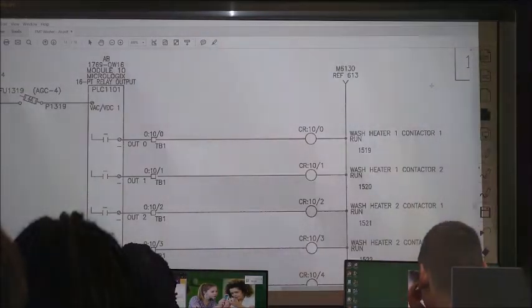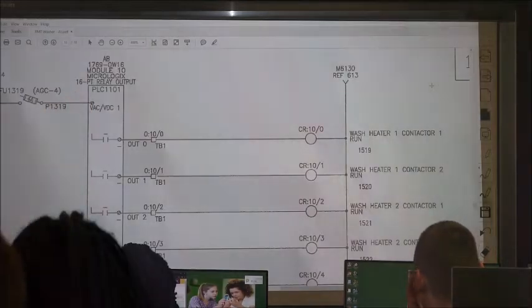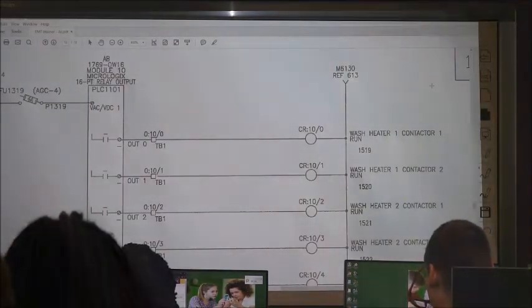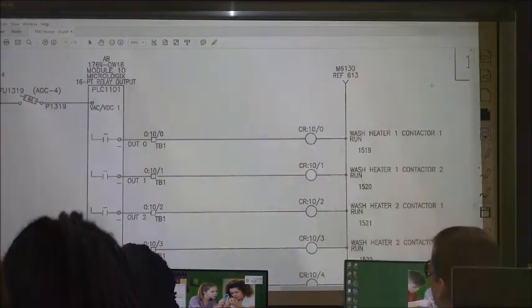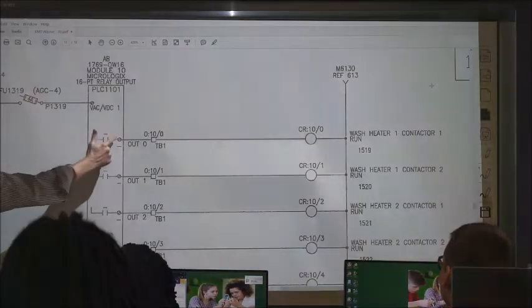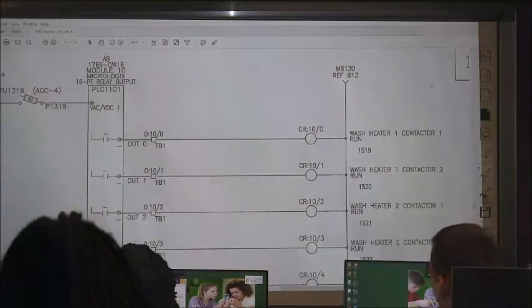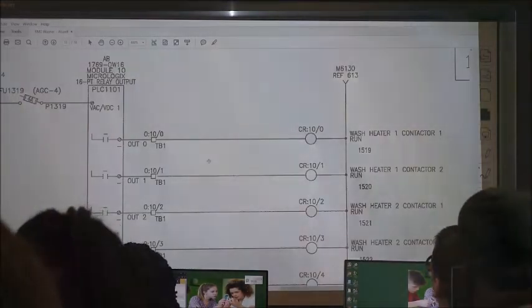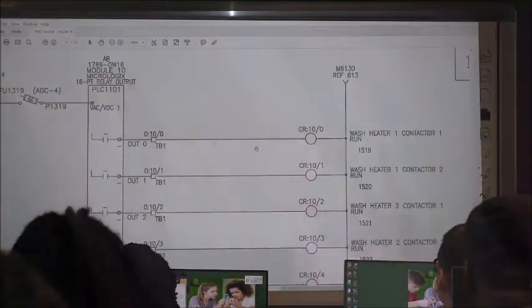What's 16-point tell us? 16 outputs, or 16 terminals. There's the terminals on the module itself. Yes, one word. Good.